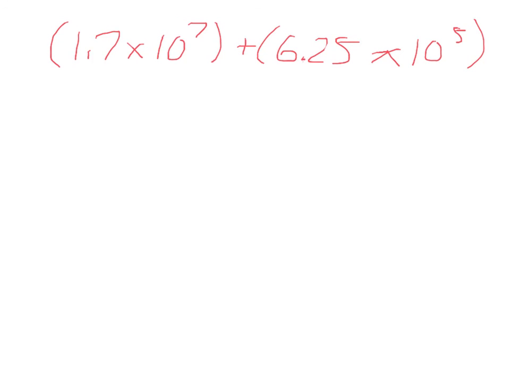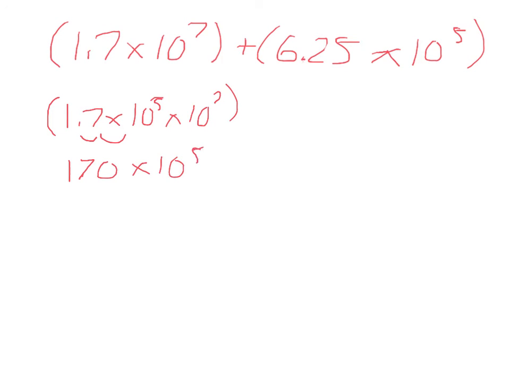Okay, all right, so let's see. If I want to do this one and make this one to the 5th, for example, I'm going to make this 1.7 times 10 to the 5th times 10 squared. Well, that means I have to move that over twice to get 170 times 10 to the 5th plus the 6.25 times 10 to the 5th.